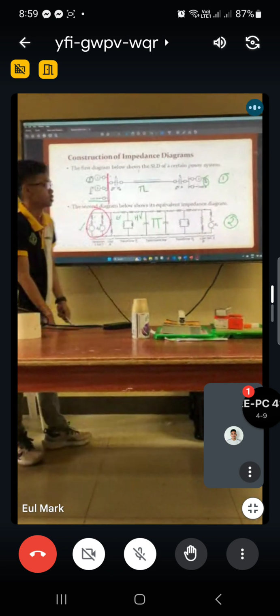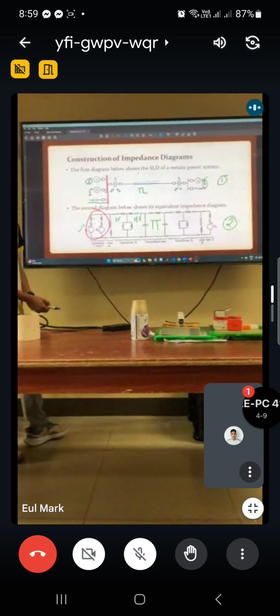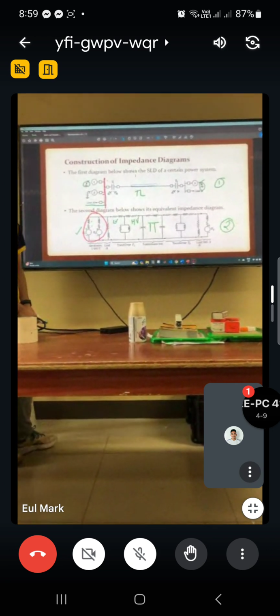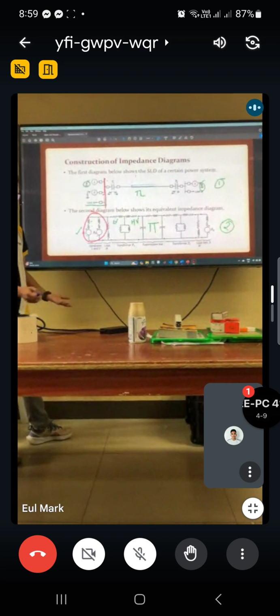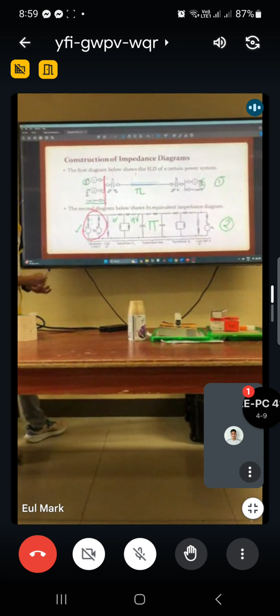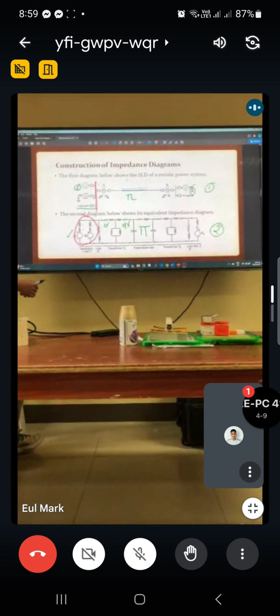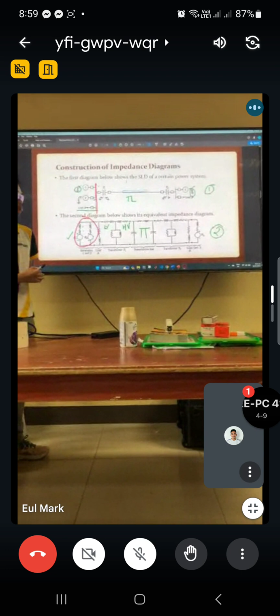That's 10 meshes, so 10 equations and 10 unknowns. How do you solve that? By hand or using calculus, or with a computer. Somehow, it's a bit of a hassle. But this is the exact representation.